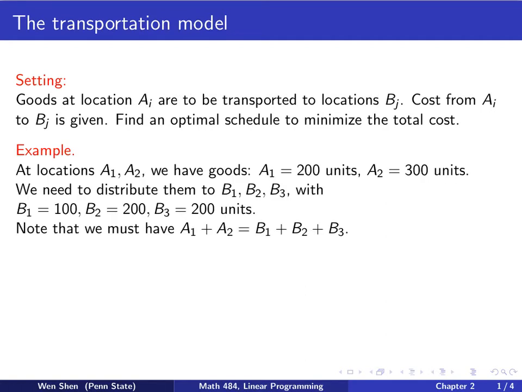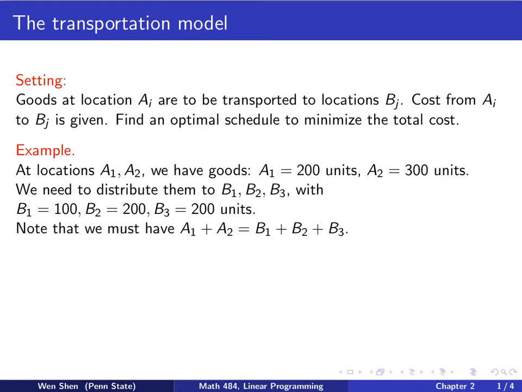So to simplify the discussion, let's take a concrete example. Let's assume that I have two locations, A1, A2. There are goods there. Let's say at A1, I have 200 units, and at A2, I have 300 units of some goods. Now we need to distribute them to three locations, B1, B2, and B3.